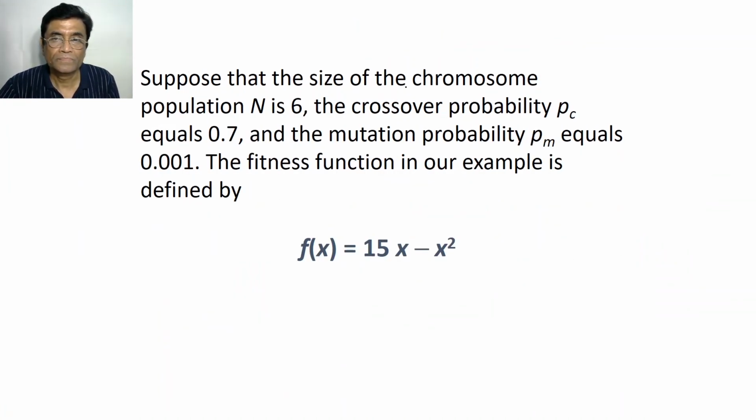Suppose you have decided that you will select a population size of 6 with crossover probability 0.7 and mutation probability equal to 0.001. So we will start from here in my next class, and I will show you how, by doing it by hand, you can understand all the intricacies of how a genetic algorithm works.